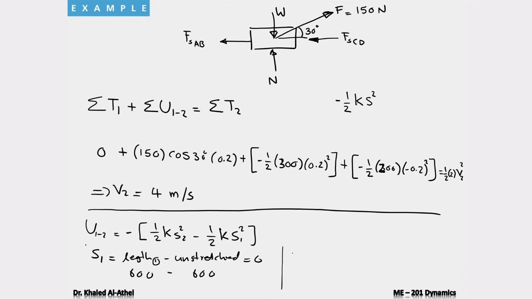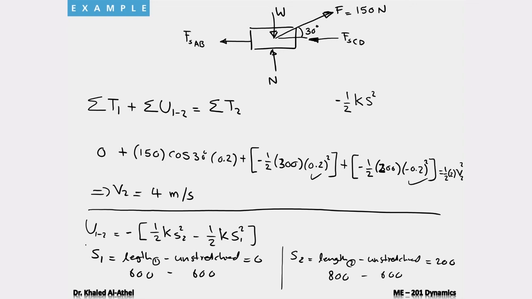What about S2? S2 equals the length in position 2 minus the unstretched length. In this case, I get 800 after it moved 200, minus the unstretched, which was 600. This gives me 200 millimeters, and that's why we use 0.2 here and the same thing here.